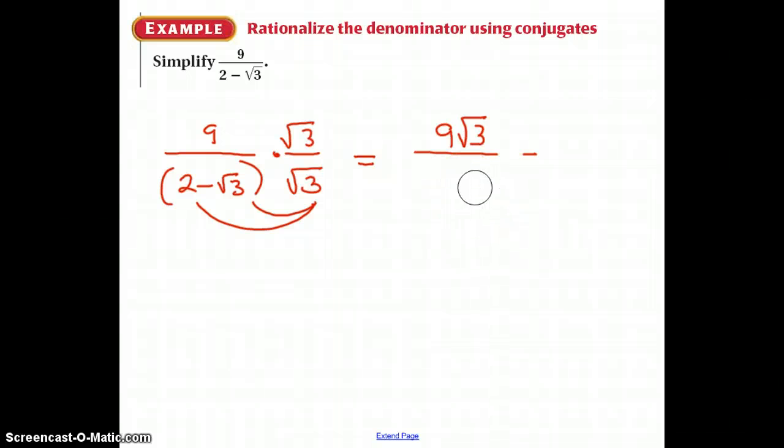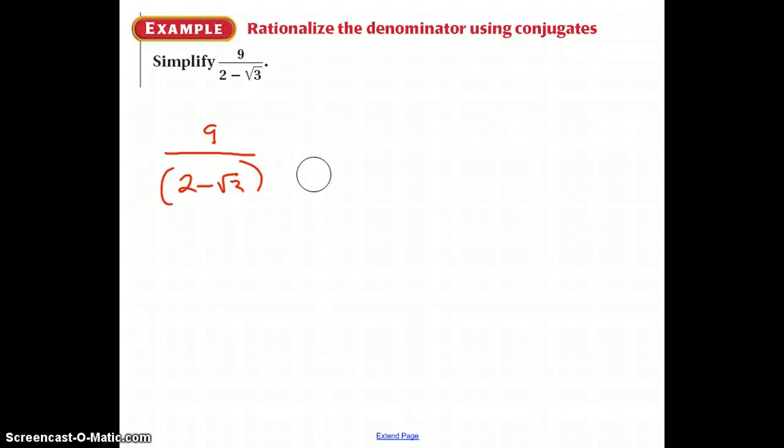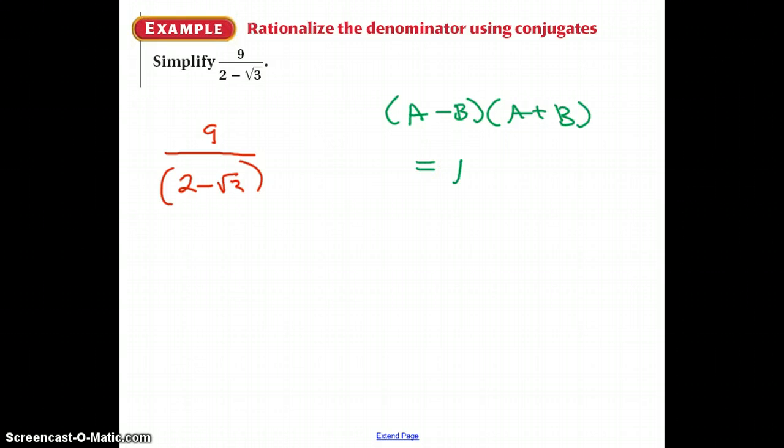So there's another little trick that came from factoring, and if you remember, when we multiplied a minus b by a plus b, this gave us a squared minus b squared.